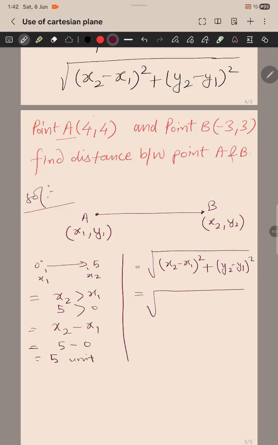Now here we will put in the points. What is the value of x2? Let's see. Point B is minus 3 comma 3, point A is 4 comma 4. What is the value of x2?